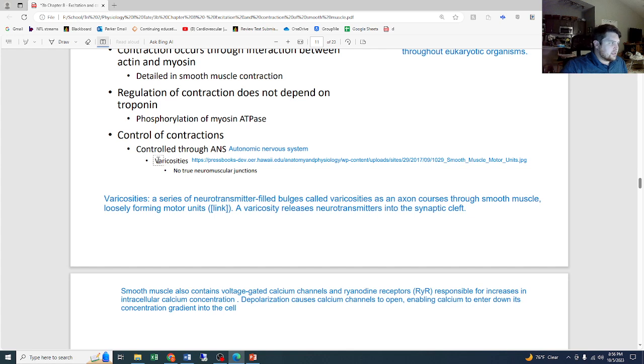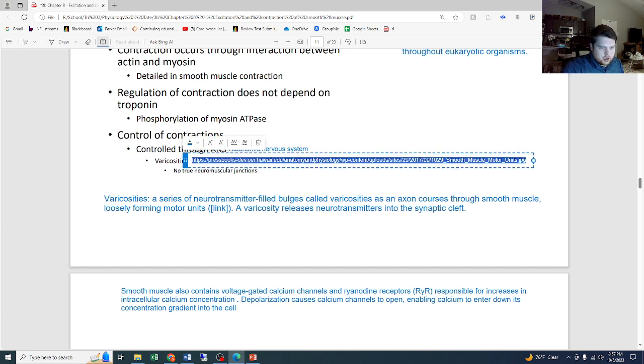And the ANS has these little bulbs called varicosities. Varicosities are a series of neurotransmitter-filled bulges along an axon as it courses through the smooth muscle, loosely forming motor units, and a varicosity releases neurotransmitters into the synaptic cleft. I put a nice little picture in here to pull up.